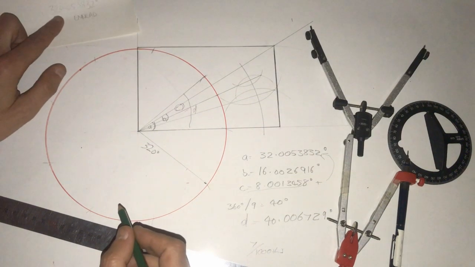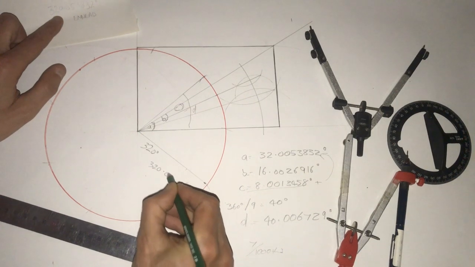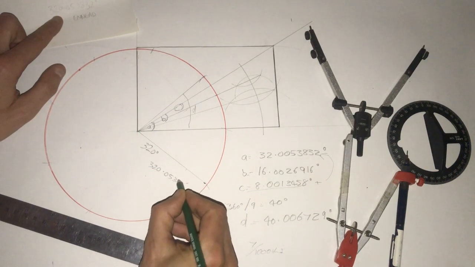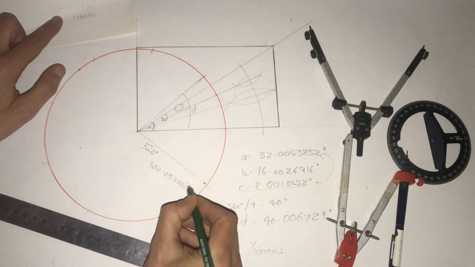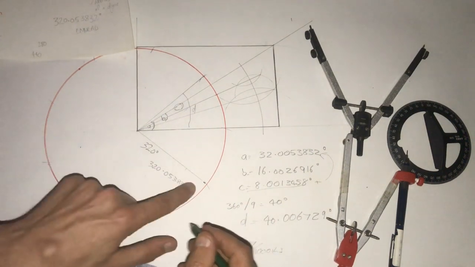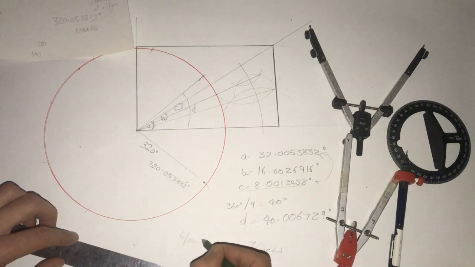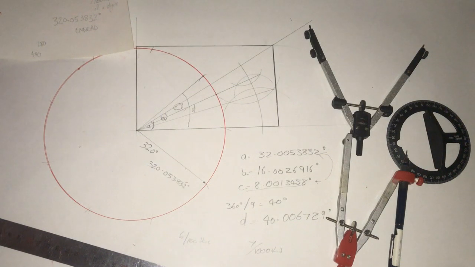Again, it's actually 320.05383 2 degrees. So the final angle, chasing it out, would be less than 6/100ths of a degree.